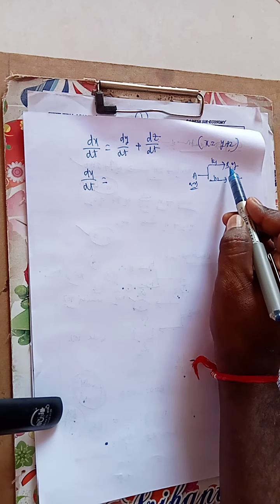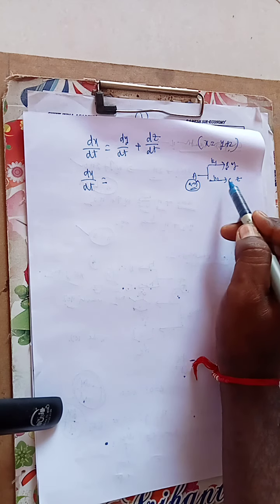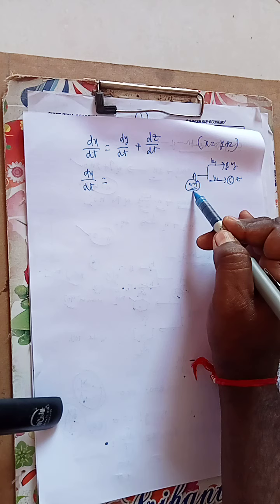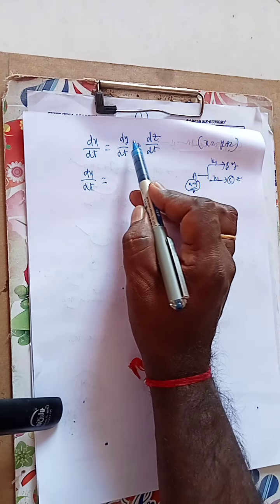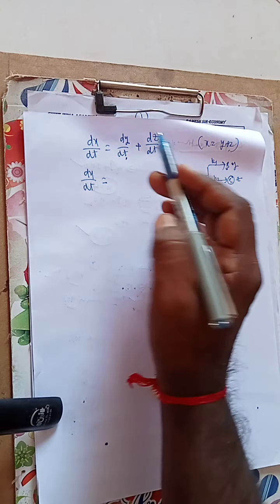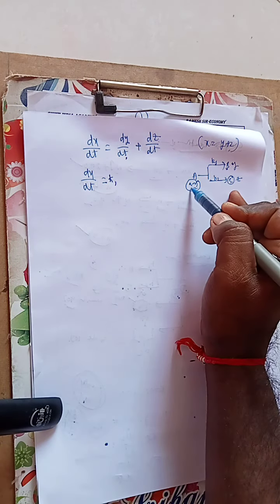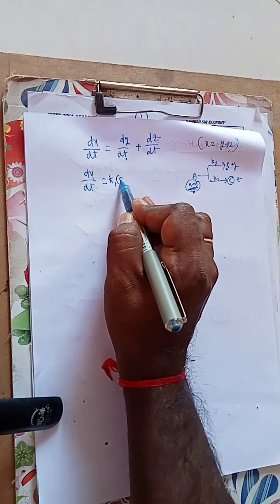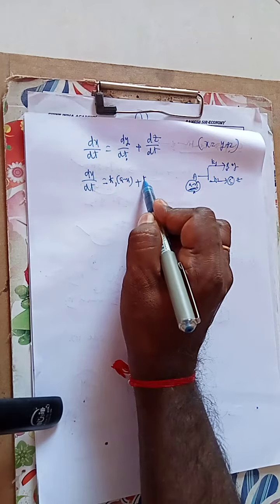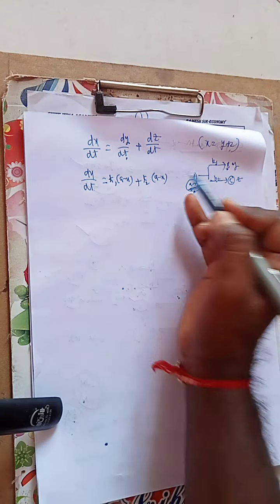Here formation of B depends upon the reactant, that is A minus x. Here also the rate of C depends upon the reactant. What about A minus x? That means dy by dt equal to, we can write the rate as k1 times A minus x, plus k2 times A minus x.